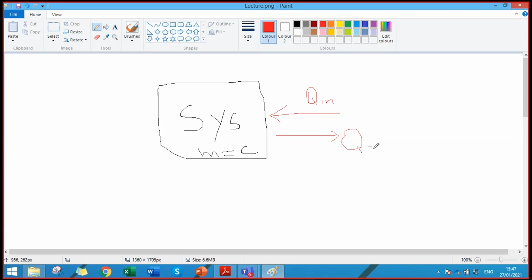And net heat transfer would be equal to, according to thermodynamics, what is positive? Q in is positive or Q out is positive? So Q in is negative and Q out is positive according to them. So the net would be Q out minus Q in.